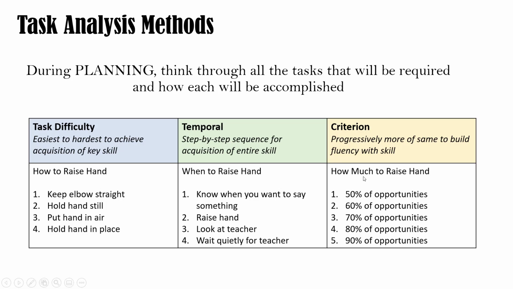So talking about raising your hand, how much to raise your hand? Well, if you've taught him the skill, you taught the easy way first, and then you've taught the temporal way to do it, and now he's doing it 50% of opportunities, now you're going to increase that to 60%, to 70, 80, 90. So now the child is reliably raising their hand.